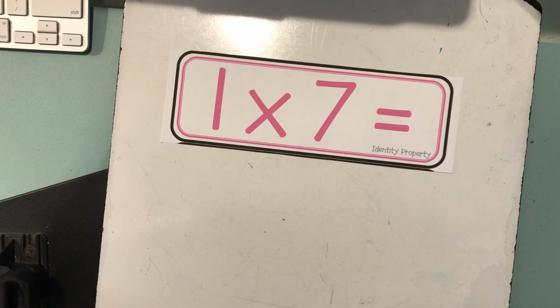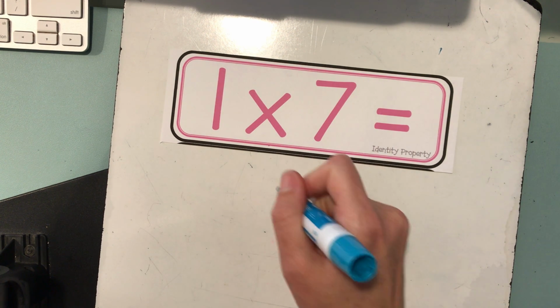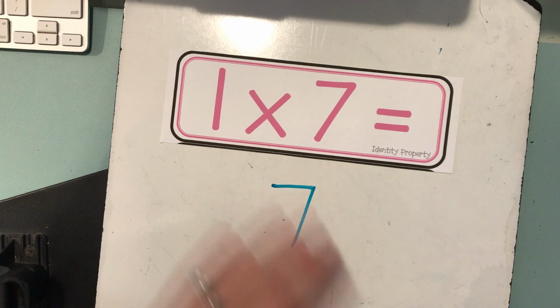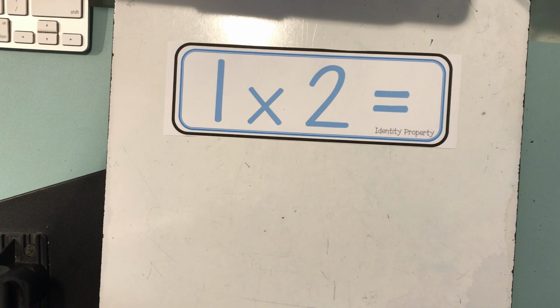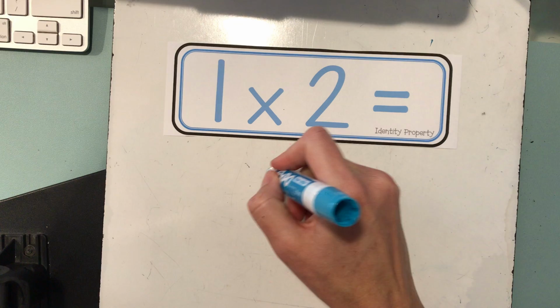If I'm going too fast, make sure you pause. It is 7. All right, next one. 1 times 2. It is 2. Okay, I'm going to mix it up a little bit.